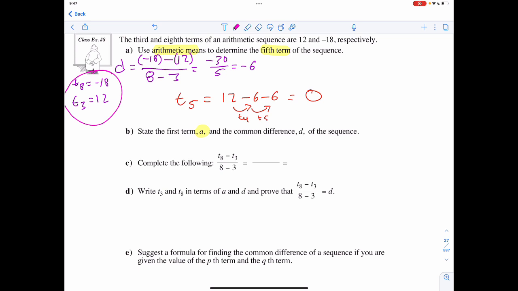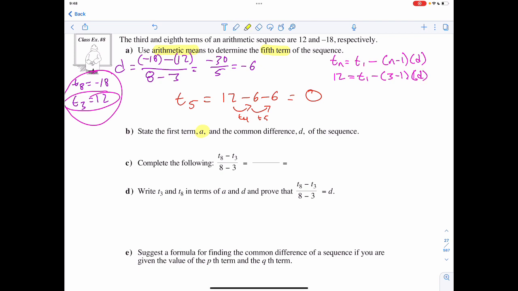I can say that if Tn is equal to term 1 plus n minus 1 times my common difference, I can pick any of these sets to do it. I'm going to do it using term 3 is equal to 12. And I can say that 12 is equal to term 1 plus, that was the third term, 3 minus 1 times my common difference.